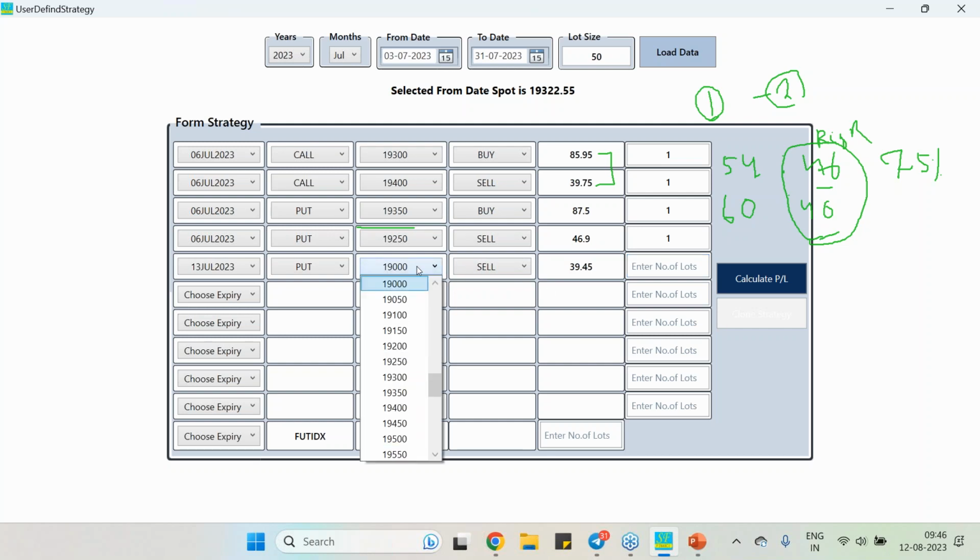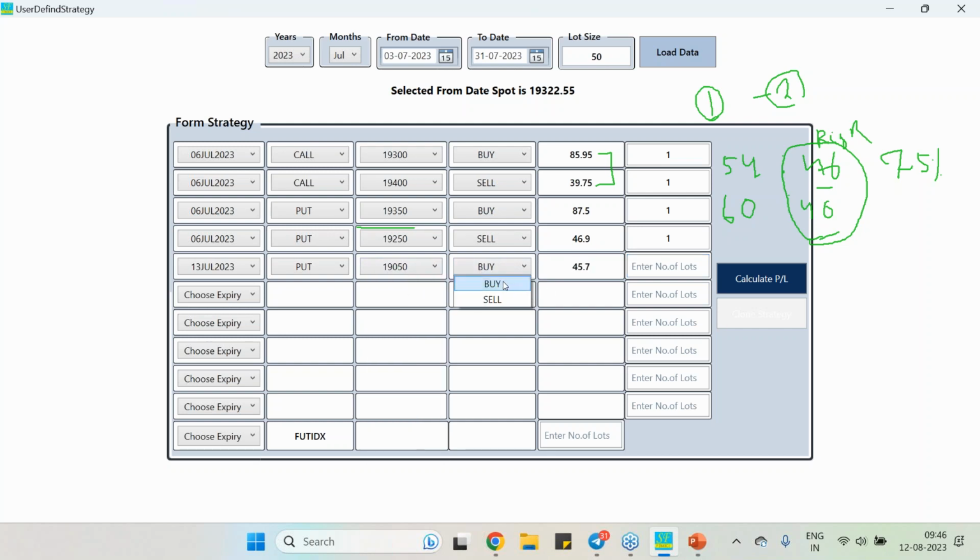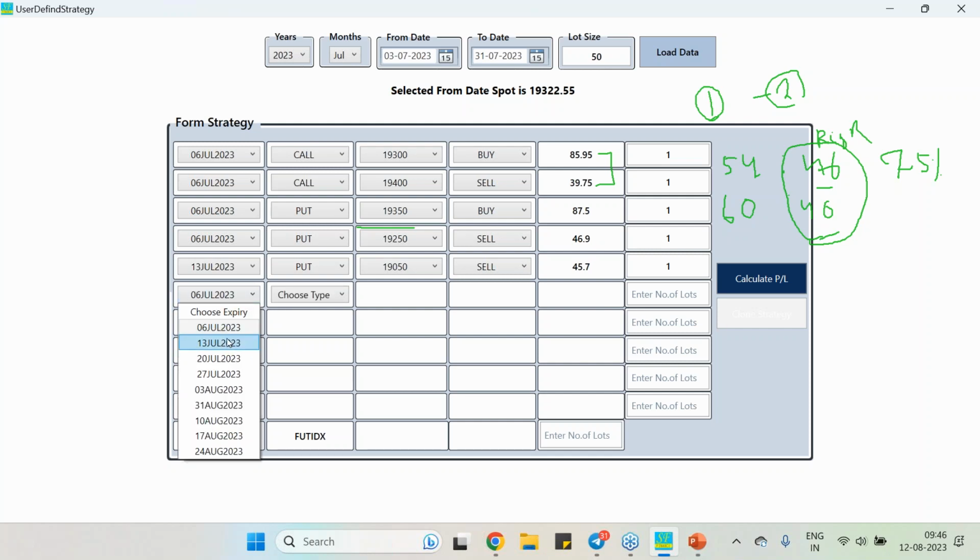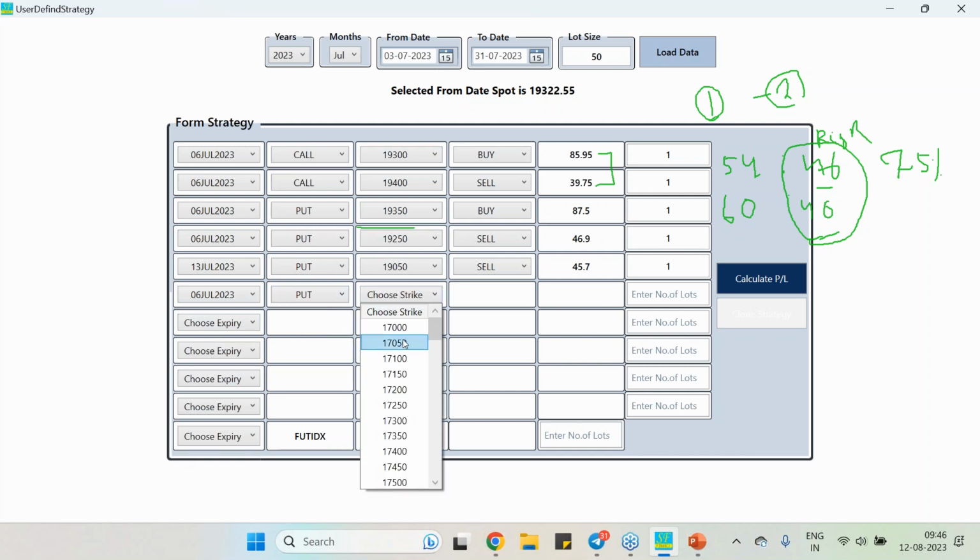Or 19,050 also I can sell, one lot. How much do I have to recover? 30 rupees, 75%. Here the sixth you can hedge, or the 13th also, but I will go with the 6th because I don't want to hold this position beyond the 6th. So this is the 19,050 I sold.